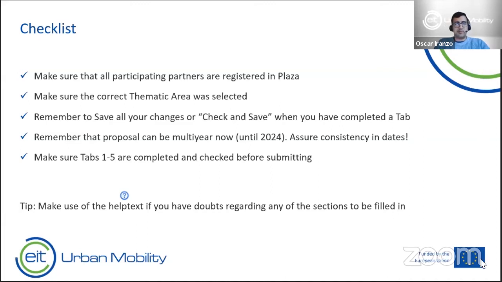And yes, before I conclude, I just wanted to make a small summary in the form of a checklist of all the important aspects that need to be made sure of that they are completed before submitting the proposal. So first, make sure that all the partners participating in your proposal are also registered in PLAZA. So it's not enough that your organization, the one who is writing up the proposal, is registered.